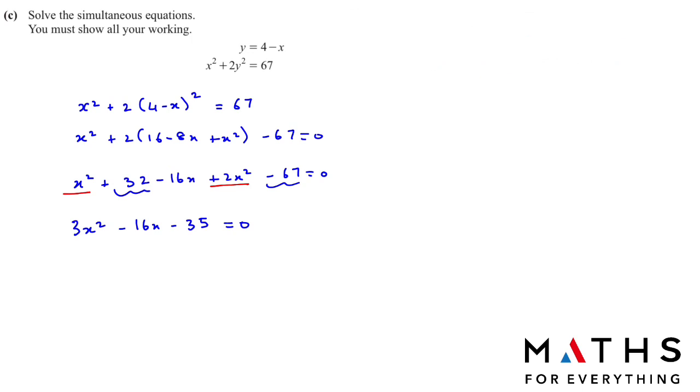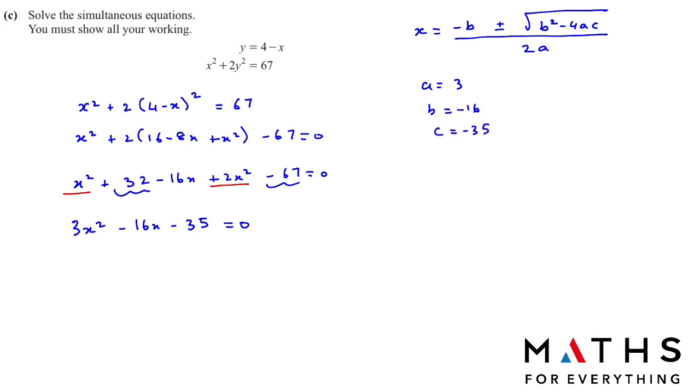Quadratic formula is x is equal to minus b plus or minus square root b square minus 4ac over 2a. What is our a? 3, b is negative 16, and c is negative 35. Remember, the b already has a negative, so negative 16 plus and minus.